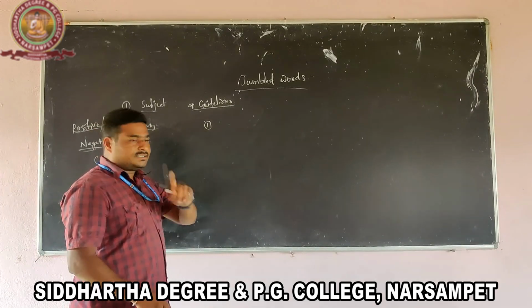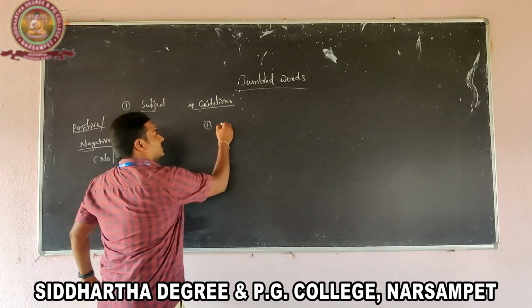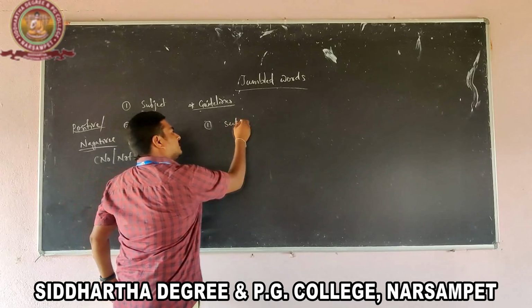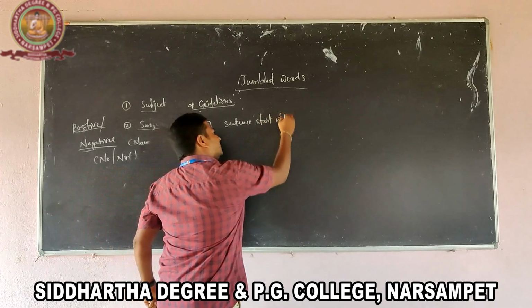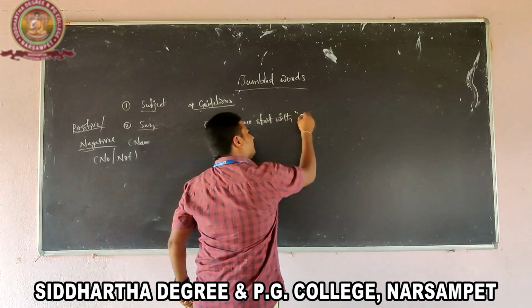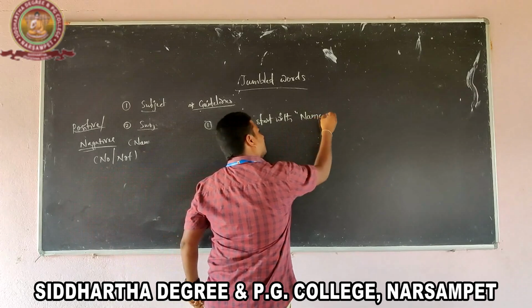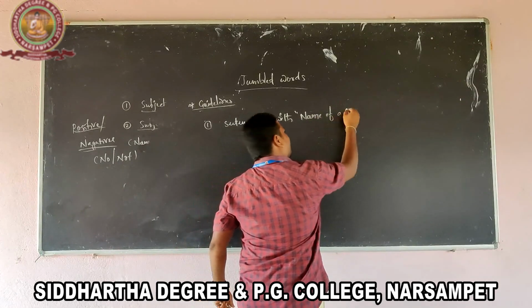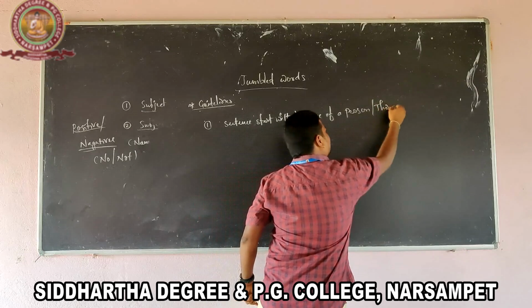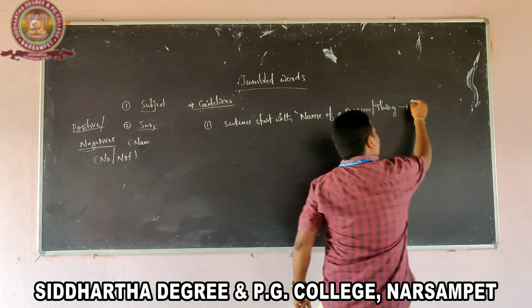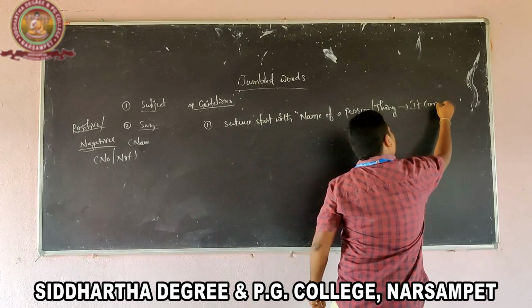So in the guidelines, the first one is: the sentence starts with the name of a person or thing. It comes first in the sentence.